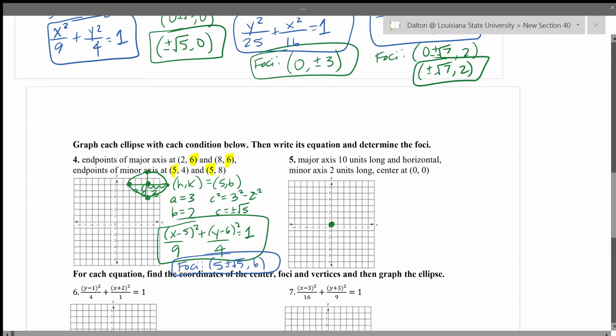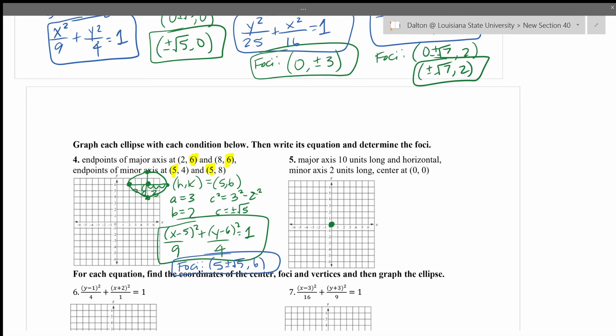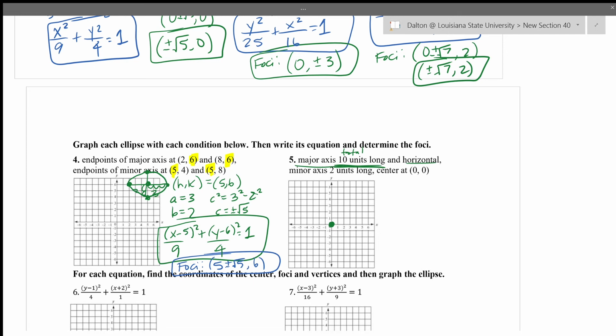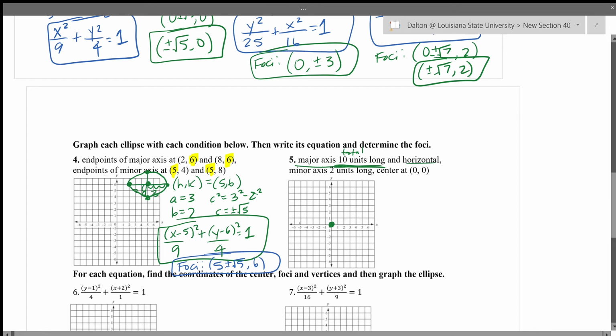Now, when it says the major axis is 10 units long and horizontal, that means it's going left to right, so it's being stretched more along the x-axis. When it says that it is 10 units long, that's talking about the total length of the axis. So in order to achieve that the total length horizontally is 10, we've got to go to the left 5 and to the right 5.